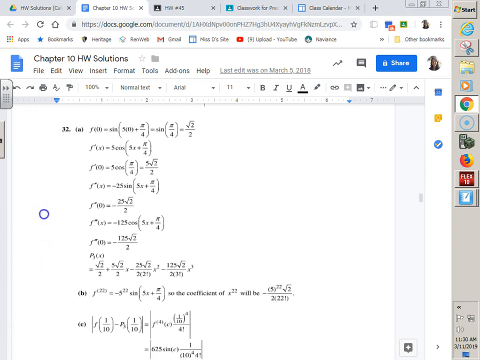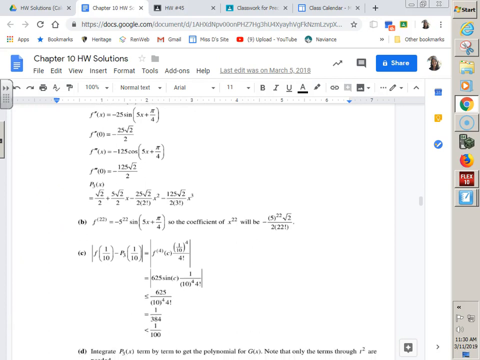But you can see all of your different derivatives, and here's the final polynomial at the end, the third degree polynomial for letter A. For letter B, they were asking for, I think, the 22nd derivative, which meant you need to define the pattern and then plug and chug, not actually take 22 derivatives. Their final answer was plugging the 22nd derivative into the coefficient, which, as you can tell, definitely follows the pattern from up above.